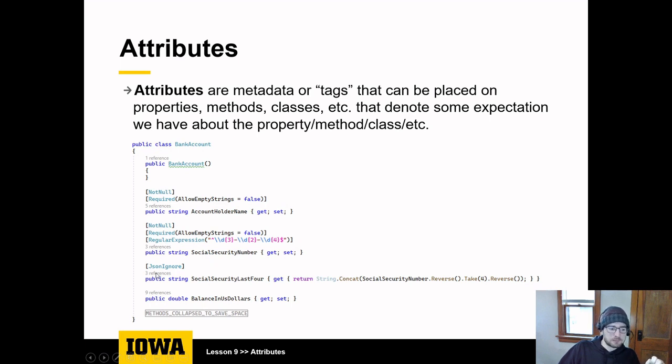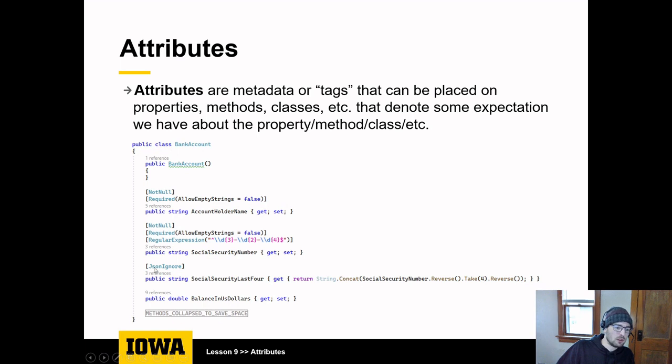Okay, and then on our social security last 4, we have this attribute for JSON ignore, and that is saying, hey, when we serialize and when we deserialize, we don't have to worry about this property. Because this is a dependent property, it is only a set of instructions to get us from data we already have into data we want to provide if someone was to call this property.